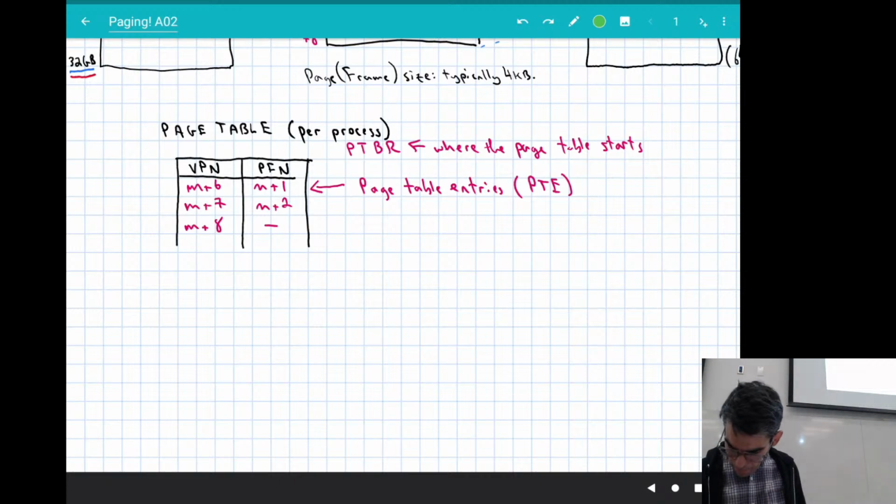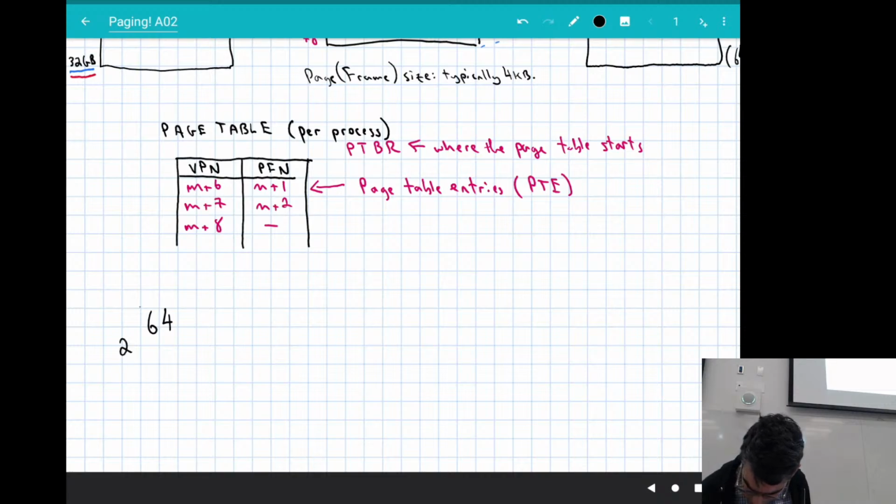We have a 64-bit address space. We all agree on that? I think, yes, we all have a 64-bit address space. And that means that in terms of bytes that can be in our address space, we're raising 2 to the power of 64. This is the number of addresses that we have in this address space.